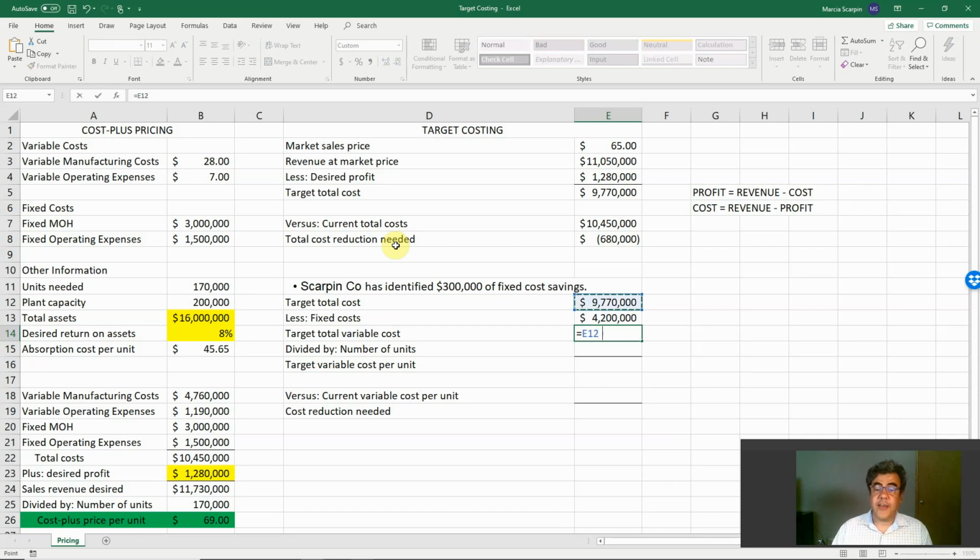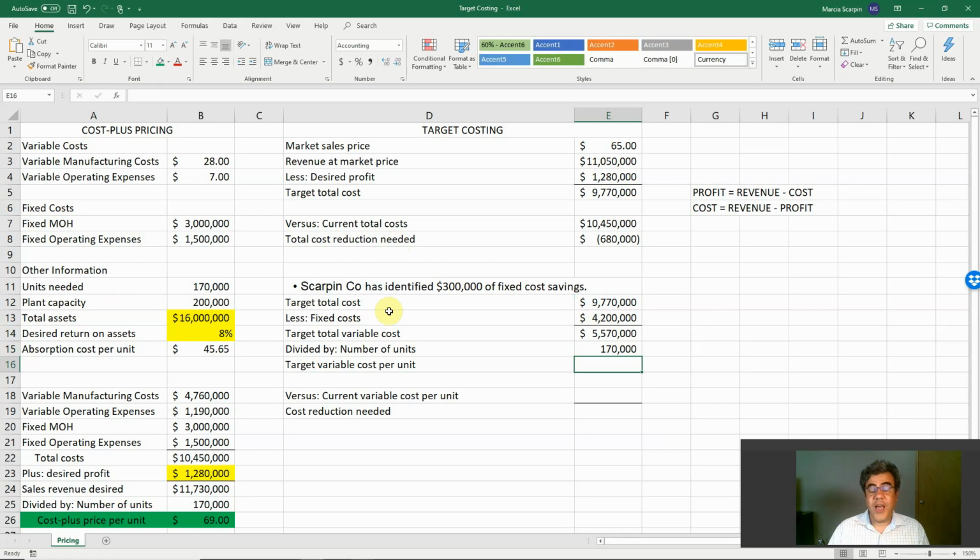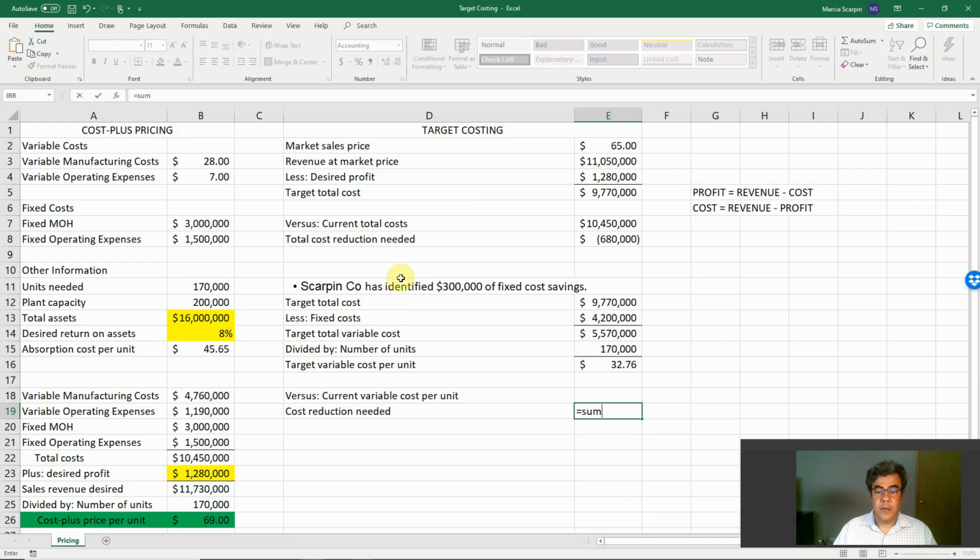our target variable cost is $5,570,000 divided by number of units, 170. So our target variable cost per unit now is $32.76. How much is our current variable cost?